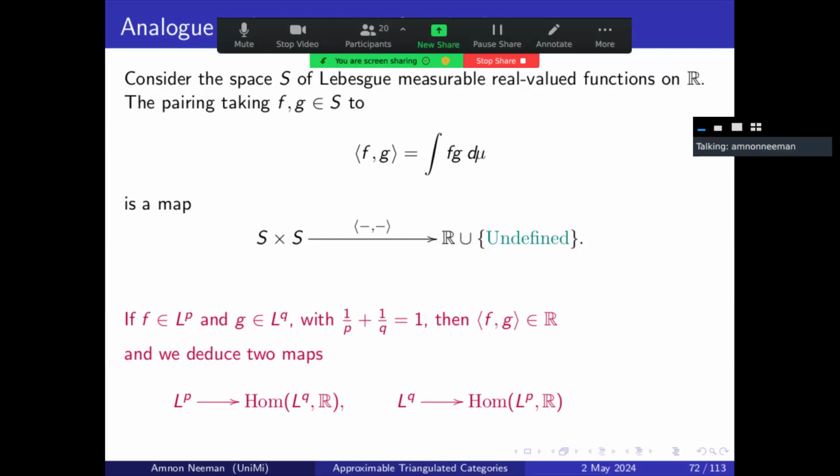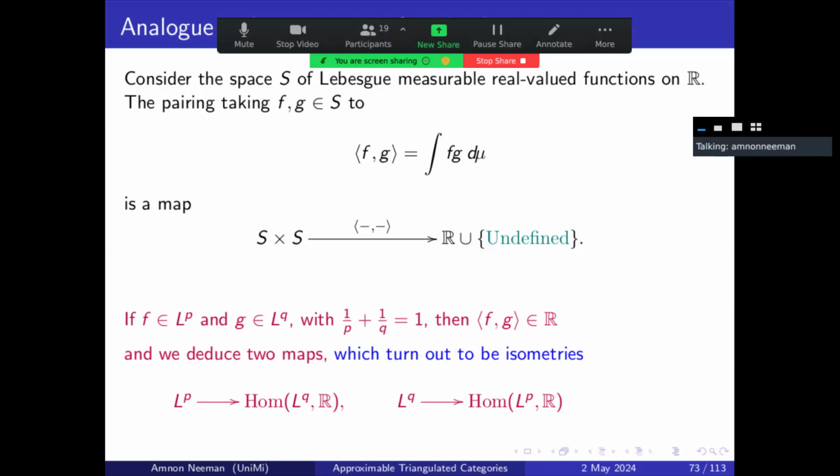The integral converges, and you have a map from L^p to the dual of L^q, and from L^q to the dual of L^p. And one of the first theorems we learn in real analysis is that these are isometries. L^p is the dual of L^q, and L^q is the dual of L^p.